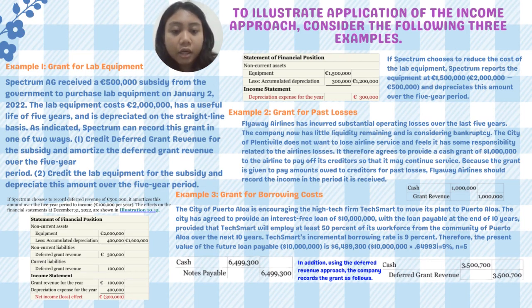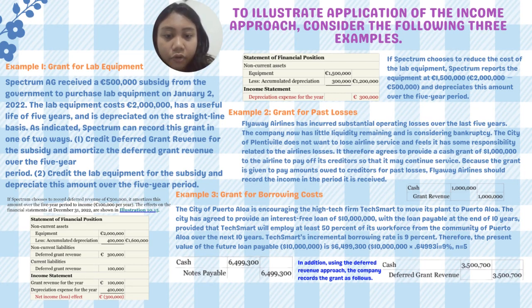So this is the journal entry. The cash is on the debit side and the grant revenue is on the credit side, and the amount is 1 million. Example 3, or the last example, is grant for borrowing costs. The city of Puerto Aloha is encouraging the high tech firm TechSmart to move its plant to Puerto Aloha.